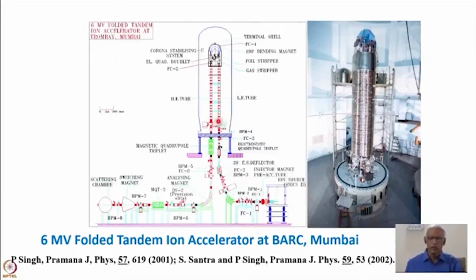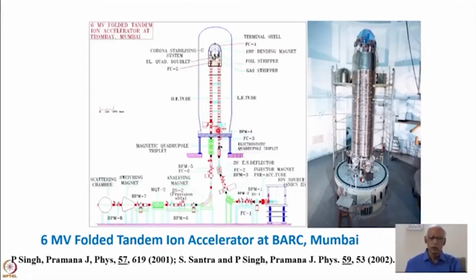This accelerating tube accelerates the negative ions by Coulomb attraction, and when they reach here, the energy becomes 6 million electron volt.